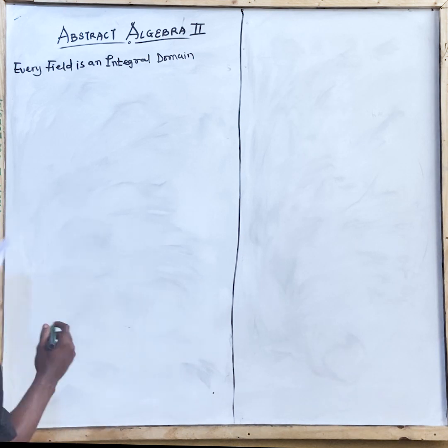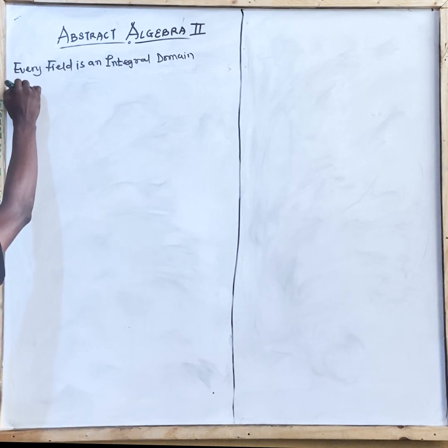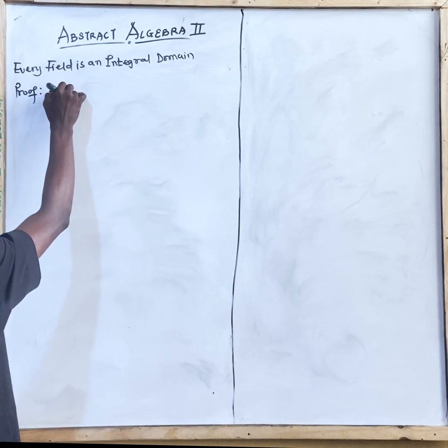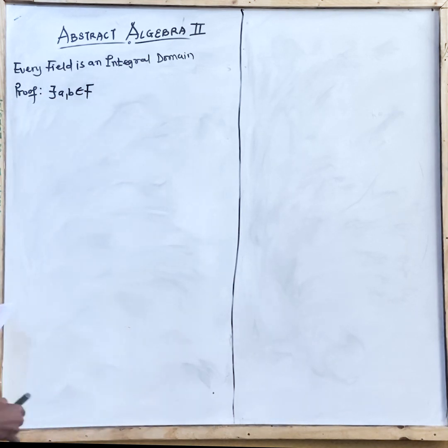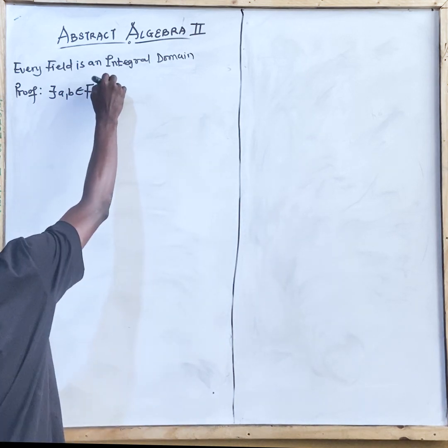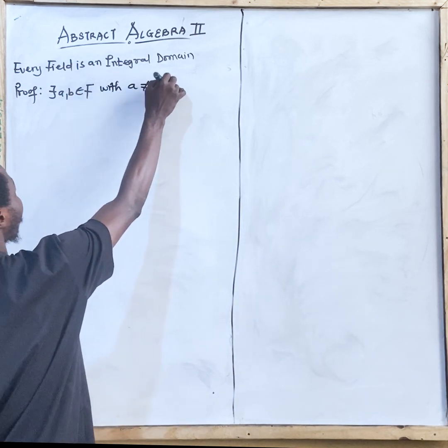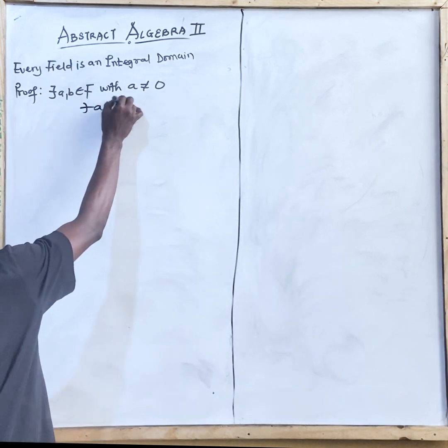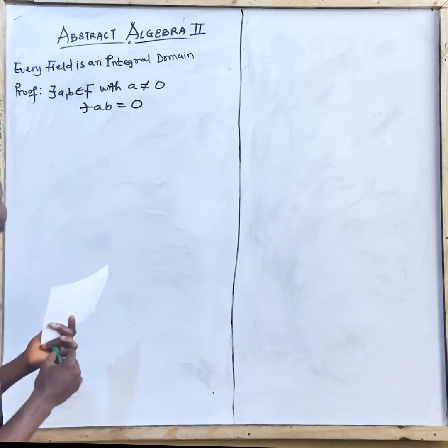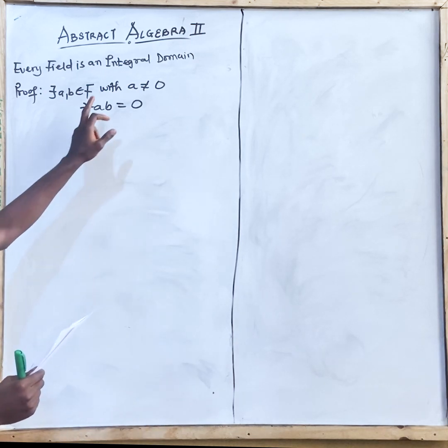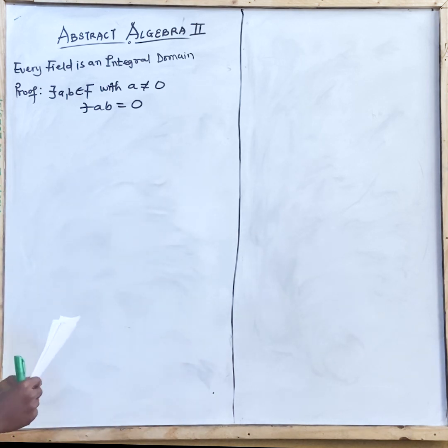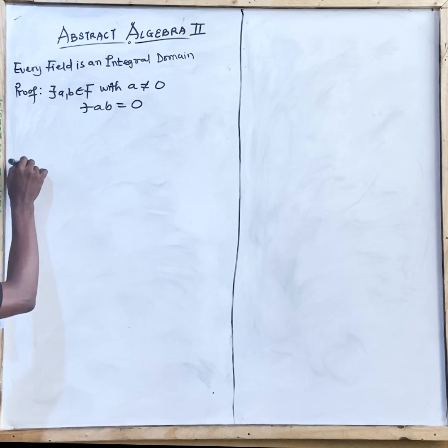So basically, what we are trying to prove here is that there do not exist A, B in F, in a field, with A not equal to 0, a non-zero element A, such that AB equals 0. So if I'm to show that a field is an integral domain, then I want to show that it has no zero divisors. So let's cast our mind back to what they call a zero divisor. Zero divisor goes like this.